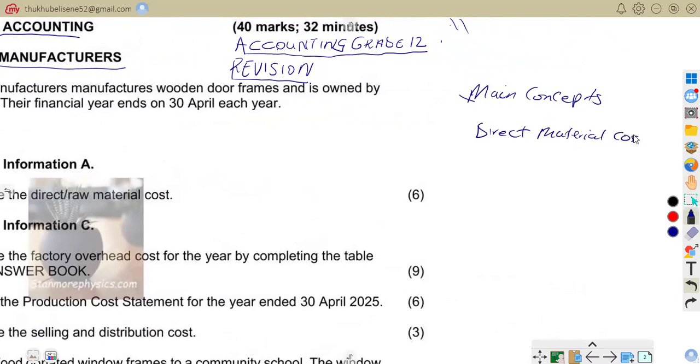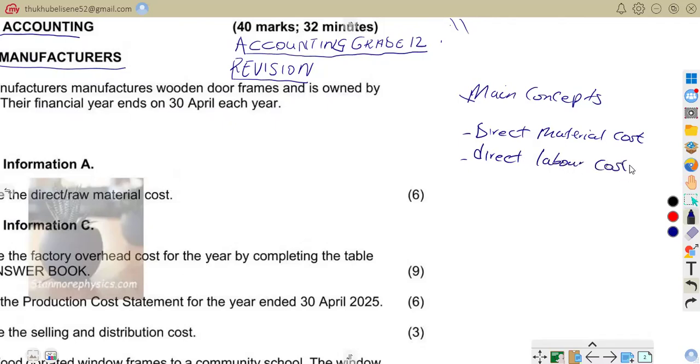When you're talking about material cost, that is the cost of materials used to make the product. For example, wood is used to make what? Furniture. And also the other concept is direct labor cost.